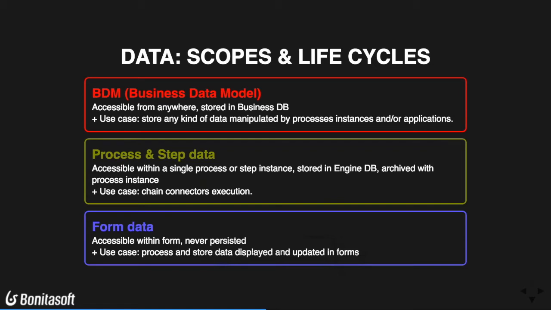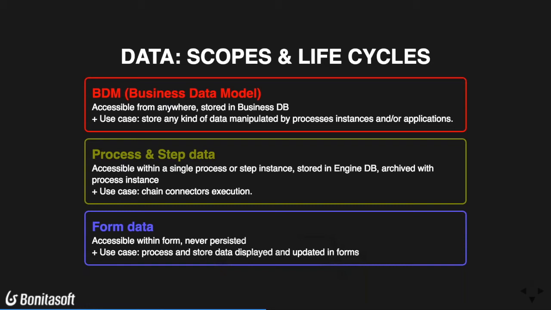As you probably already see, a process without data doesn't do much. To interact with the process, we want to enter information. We want the process to use this information to take a decision, and we also want to read information and make decisions based on it. So it's basically what a process in a company is about.